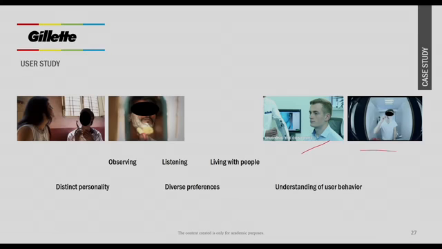So, in Indian scenario where the personalities are distinct, preferences are diverse, it is very difficult to make a grooming kit which will fit to the common mass. So, understanding of the user behavior was very important, and they did it.